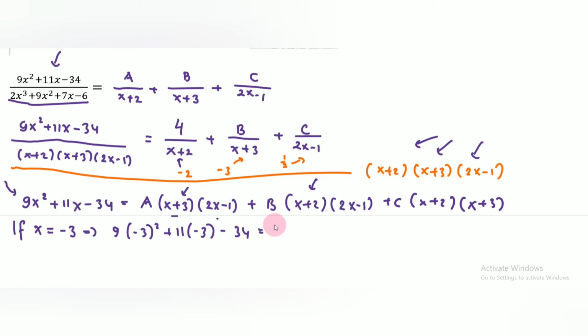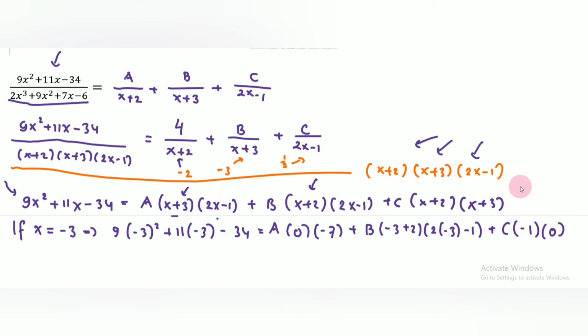So it will be a times 0 times -6, -7, okay, plus b times, this one will be -3 plus 2. This one won't be 0. 2 times -3 minus 1, okay, plus c times -1 times 0. If I put -3 here, therefore this one will be gone.